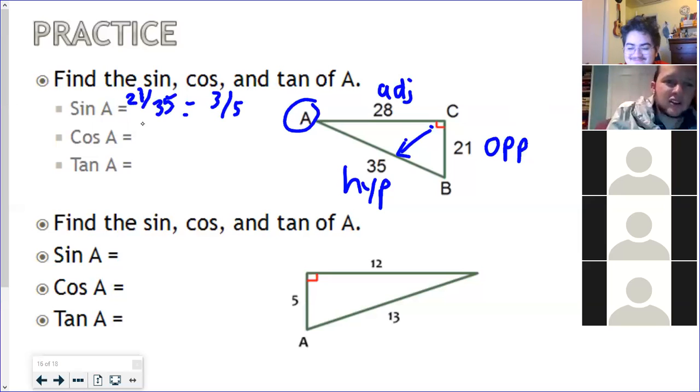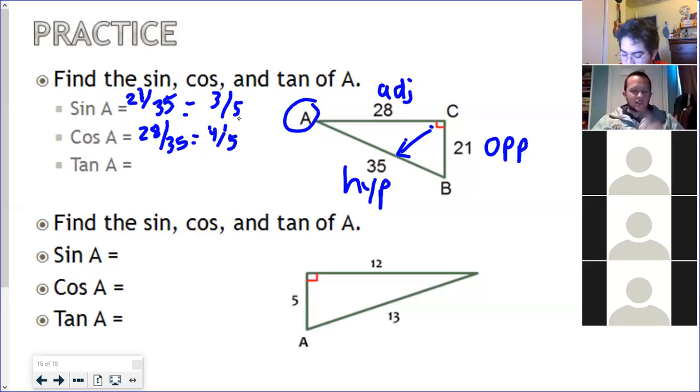So adjacent is 28 over 35, which again is divisible by 7. That becomes 4/5. Lastly, tangent, opposite adjacent. So opposite adjacent is 21 over 28, which reduces by 7 to 3/4. That's how you find trig ratios, okay?